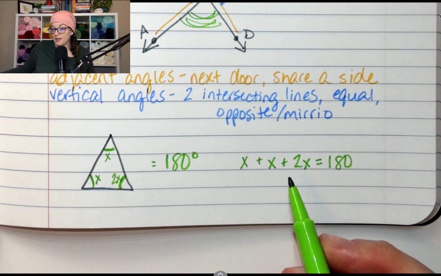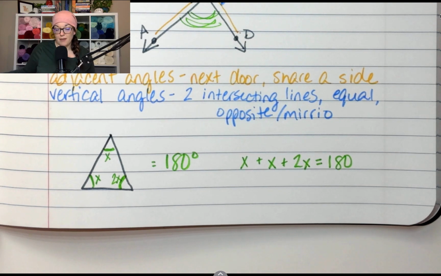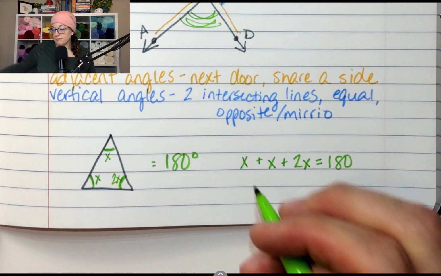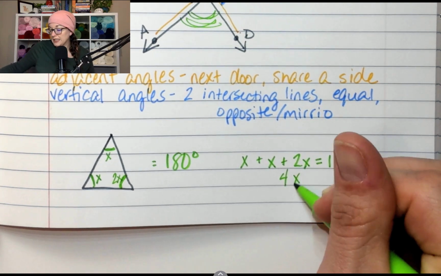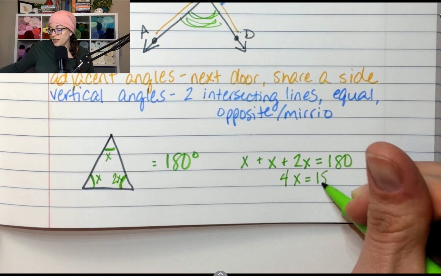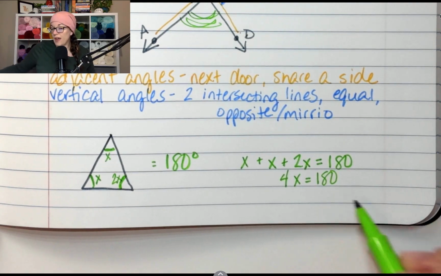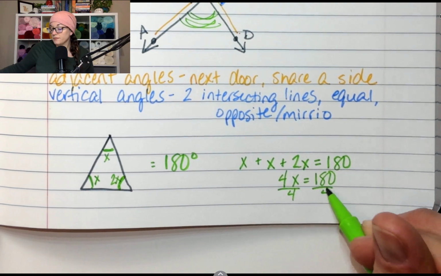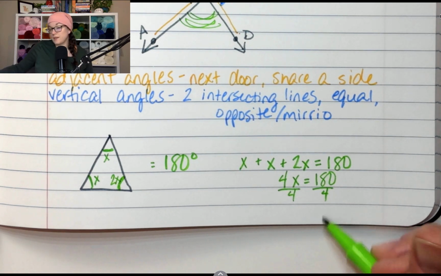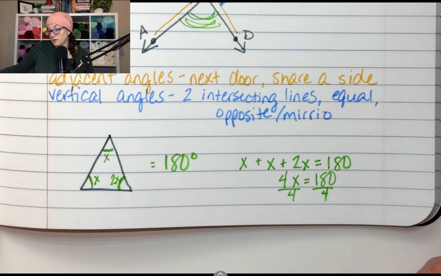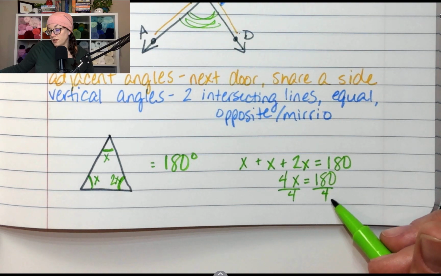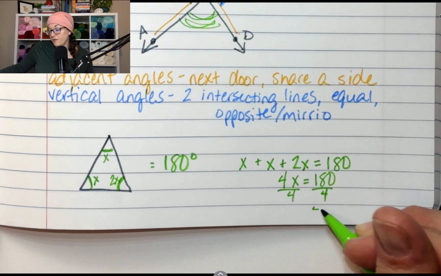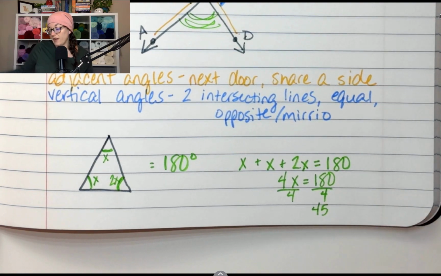That is 4 x's, and that equals 180. How do you solve this equation right here? We're going to divide by 4. 4 goes into 18 4 times, and then 5.